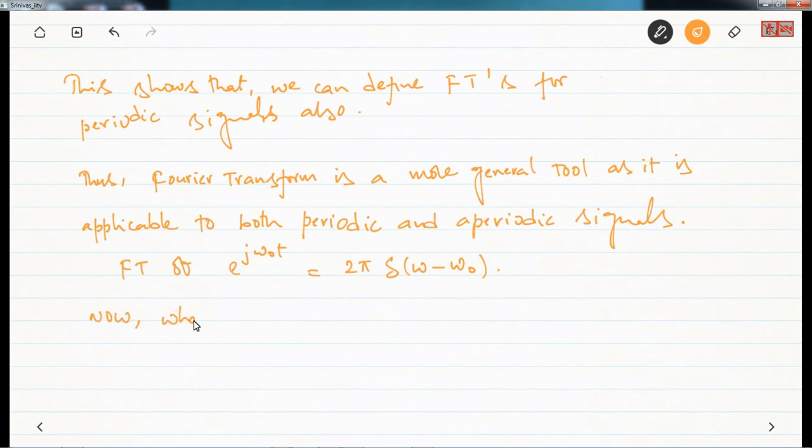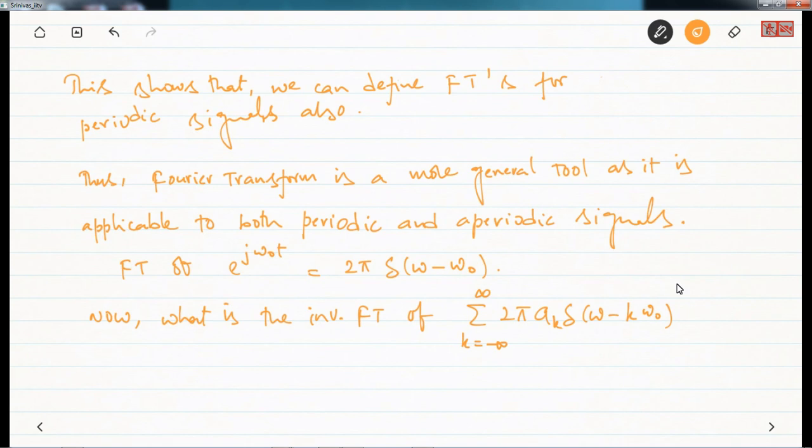Now, what is the inverse Fourier transform of 2 pi ak delta of omega minus k omega naught?